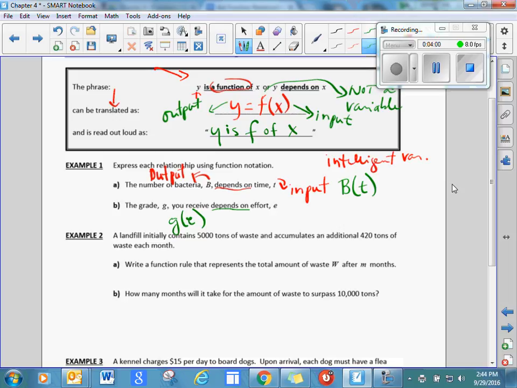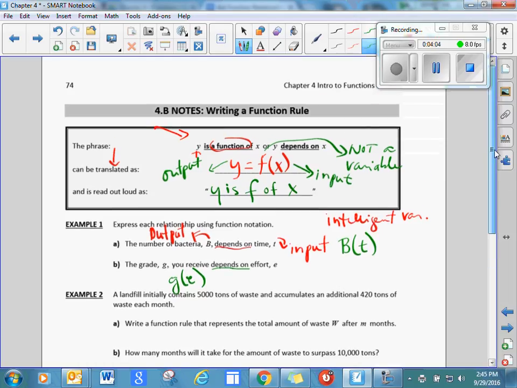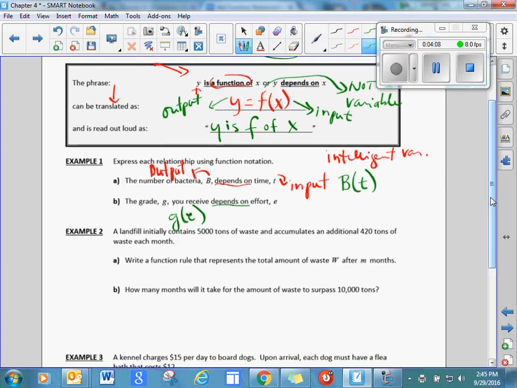All right, let's look at a couple scenarios in example number 2 where we're actually going to write a function rule, which is the title of this guy right here, function rule. Another word for function rule, shorter word, thank goodness, is equation. So we are going to write an equation based on the information that they give us in the word problem.